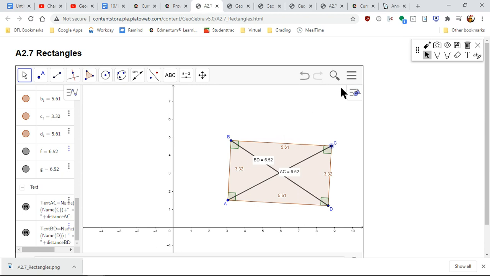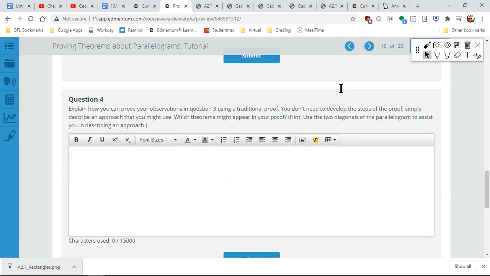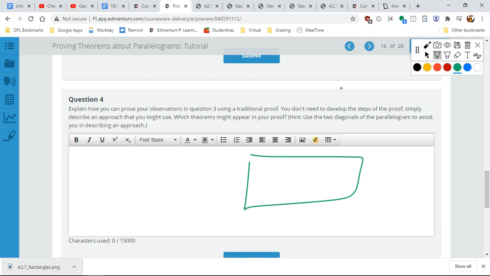Actually, hold on. I'm thinking way too hard. Let's picture this as two rectangles. And I keep forgetting I shouldn't draw on the new ones because for some reason it hates it. So here's one rectangle, here's another rectangle.